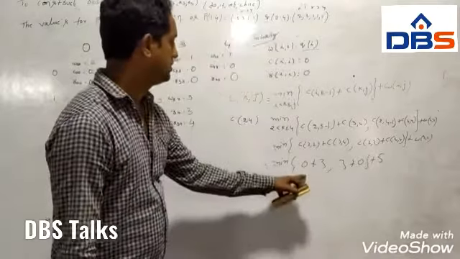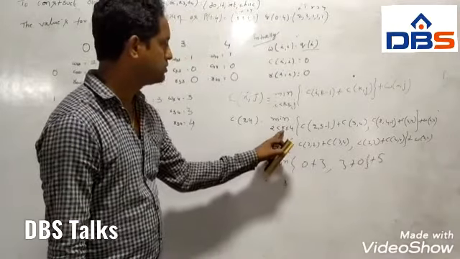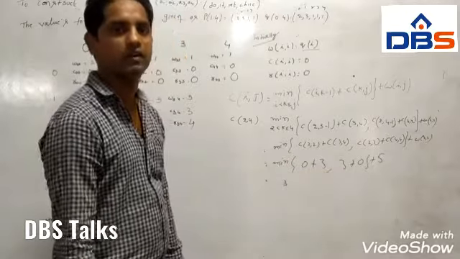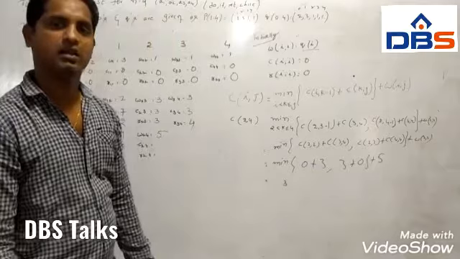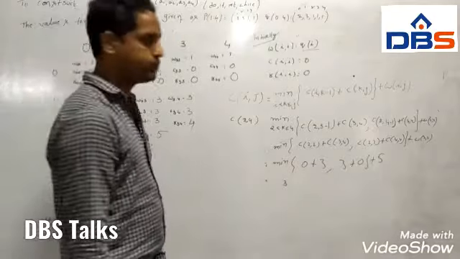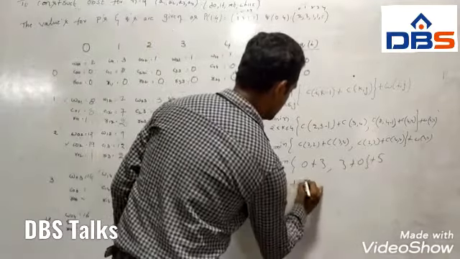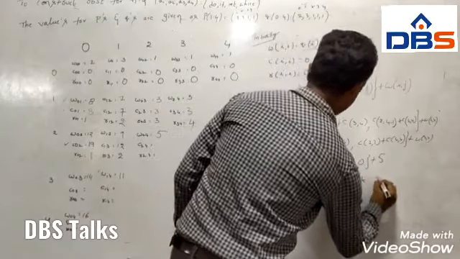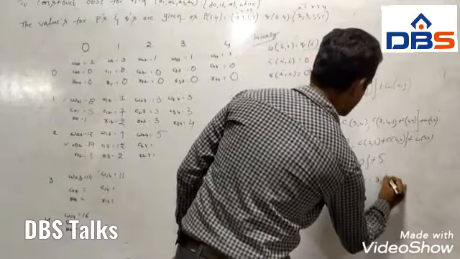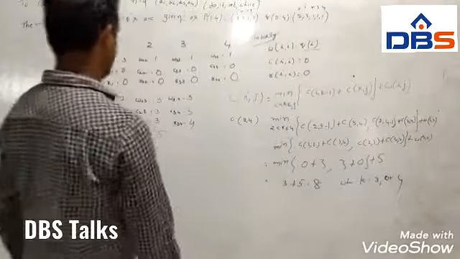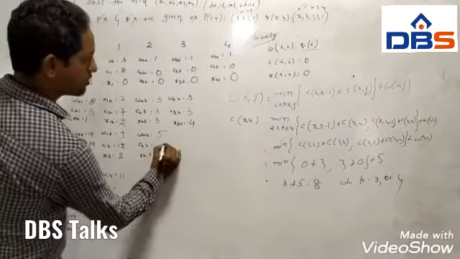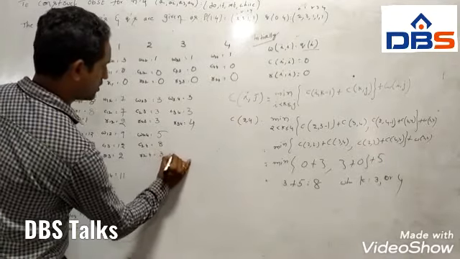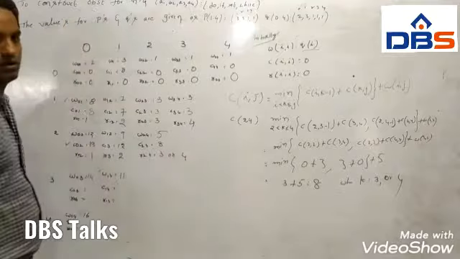Both are minimum, 3. When k equal to 3 it is minimum, when k equal to 4 it is minimum. In that way, we can take any value. K equal to 4. So 3 plus 5, that equal to 8. When k equal to 3 or 4. See, C of 2 4 equal to 8, with k equal to 3 or 4.